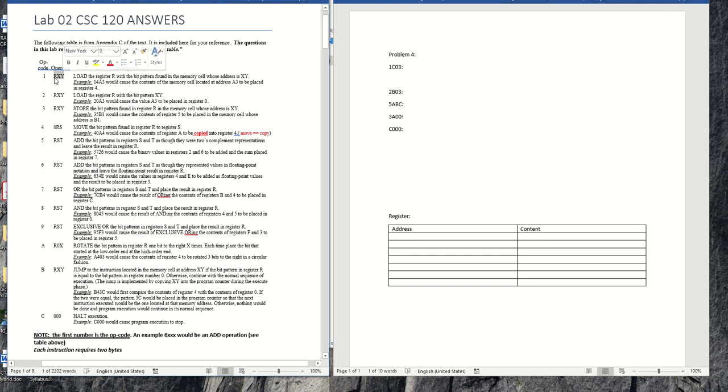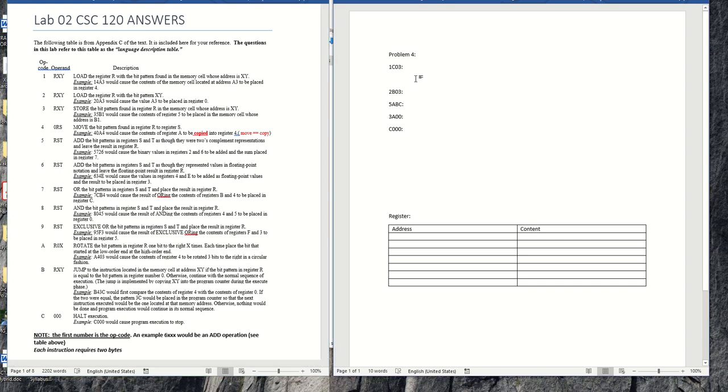Here the pattern is RXY. So R is going to be C, since it matches up with the second place, and XY is going to be digits 3 and 4, in our case 0, 3. So R is C and XY is 0, 3.